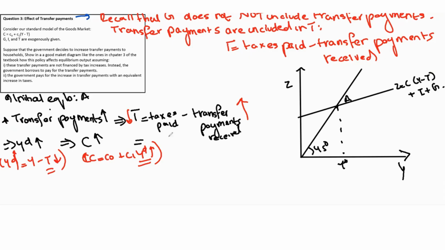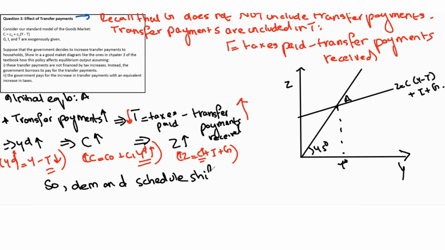When C increases, that causes Z to increase, because consumption is one of the components of demand, C plus I plus G. So the demand schedule shifts upwards, and it's going to be a parallel shift.